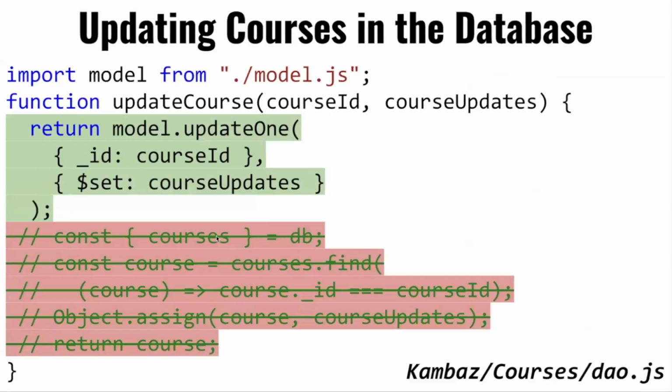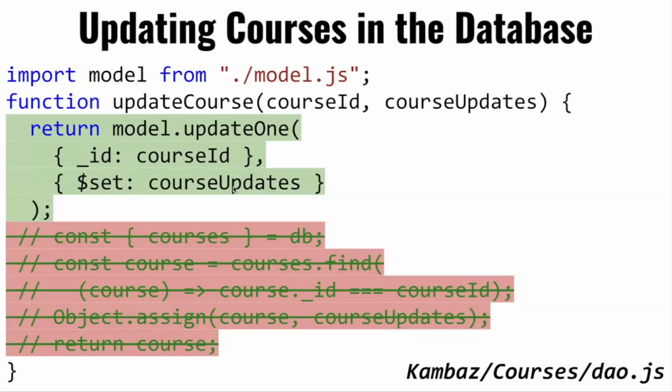The prior implementation updated the array instance of that specific course in the array of courses. So we're instead going to be notifying the database of whatever new updates we want. First telling it what particular course we want to update by telling it the ID of the course, and then using the set operator to merge the current values of the course with any new updates.